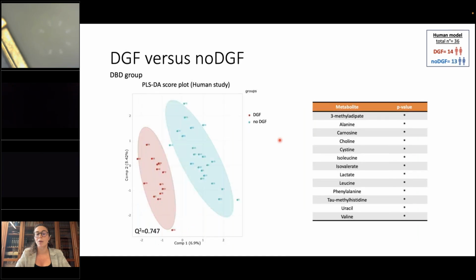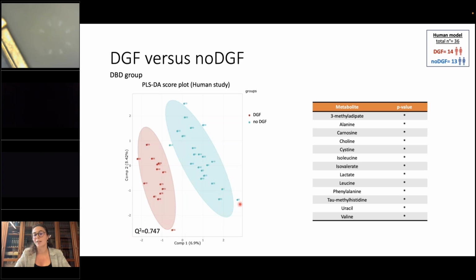At this point, we decided to take only the dead brain donor type, and on this group made the separation based on the DGF status. As we can see, in this case the performance of the model is really increased, passing from a Q-square of 0.37 to a Q-square of 0.74.